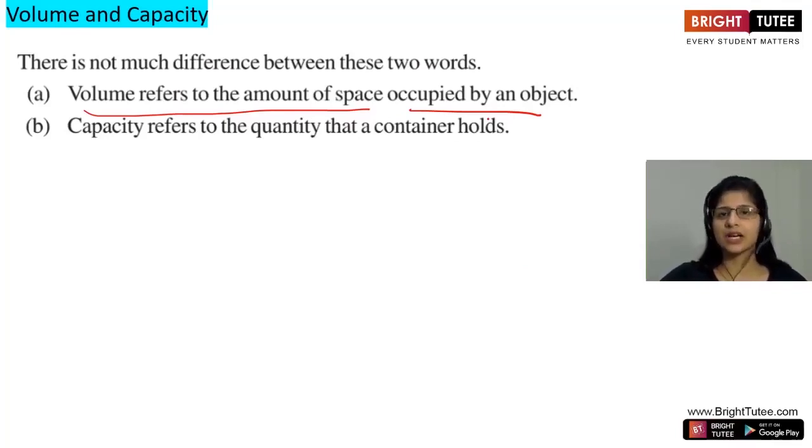So suppose I have a jug, and that's in cylinder form. So the space occupied by that jug is the volume, and the quantity that the jug can hold, that is our capacity. Clear? Volume is the space occupied and capacity is the amount, or I will say quantity, that can come inside that jug. Okay, this is the main difference.